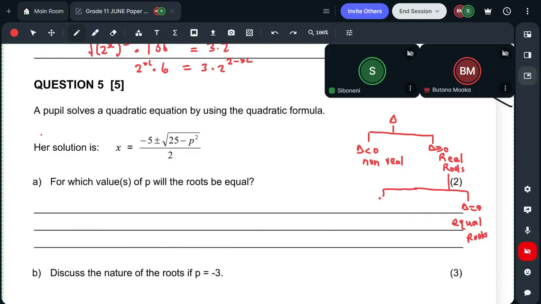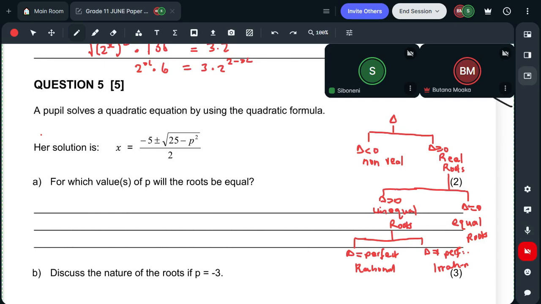And if the discriminant is greater than 0, we're going to have unequal roots. Remember, if it's greater than 0, you're going to have the discriminant as a perfect square or the discriminant not a perfect square. If the discriminant is a perfect square, the roots are rational. And if it's not a perfect square, the roots will be irrational.